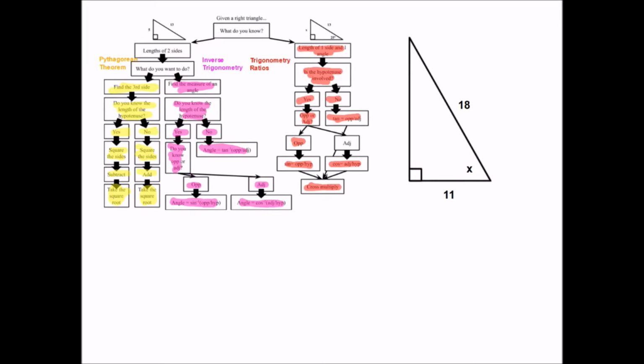Okay, for this one, we're given the length of two sides. What do you want to do? This x is asking for this angle. Find an angle. Do you know the length of the hypotenuse? Yes. Do you know opposite or adjacent? If you go across from the angle we want to find, that would be opposite.